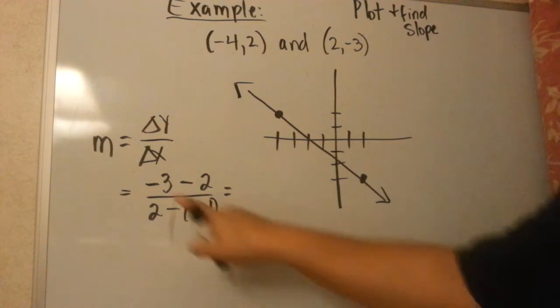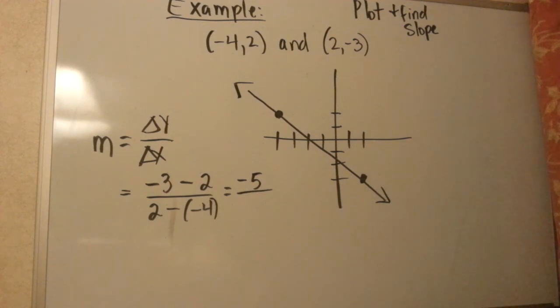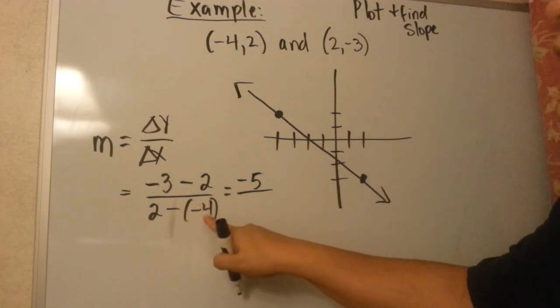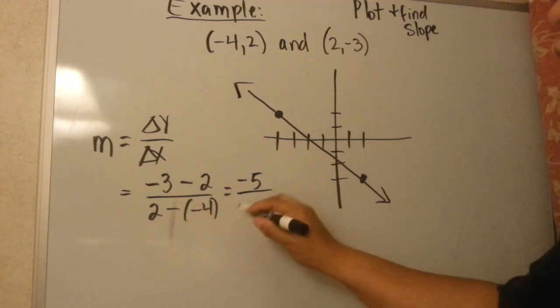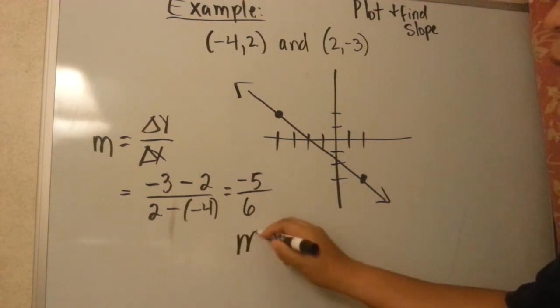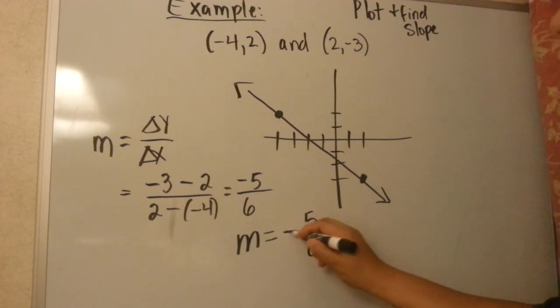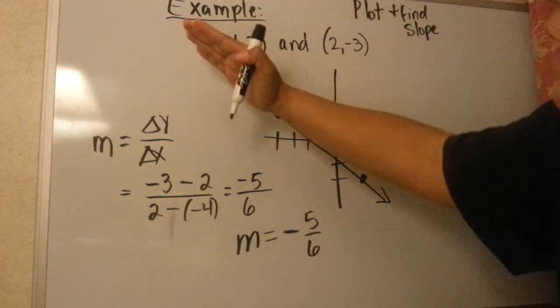And then you work the numerator. -3 minus 2 is -5. In the denominator, 2 minus a -4 is 2 plus 4. So this becomes a 6. So the slope is -5 over 6. And it totally makes sense that it's negative because it's slanted this way.